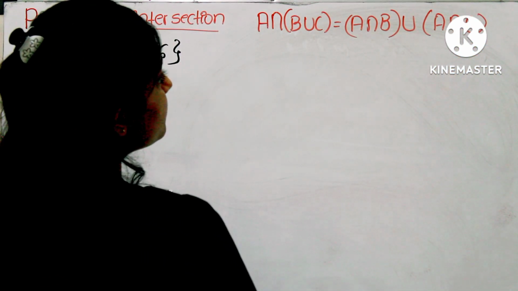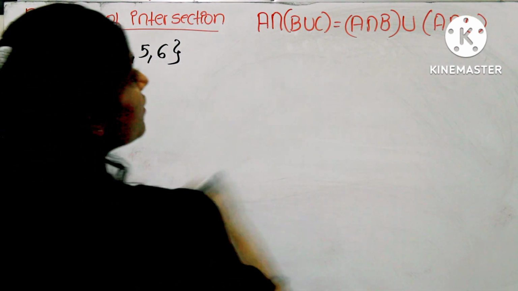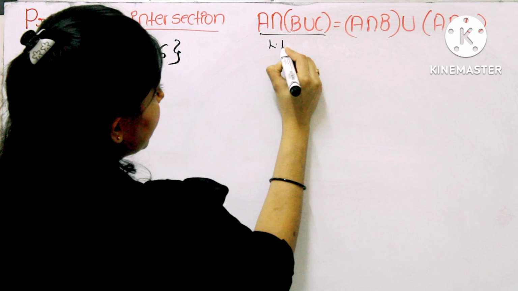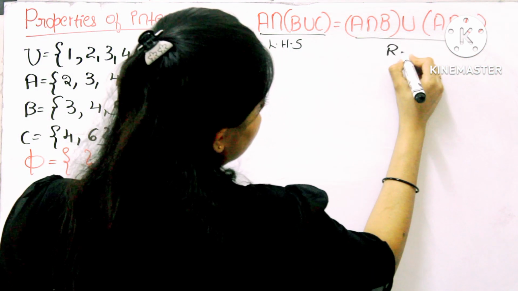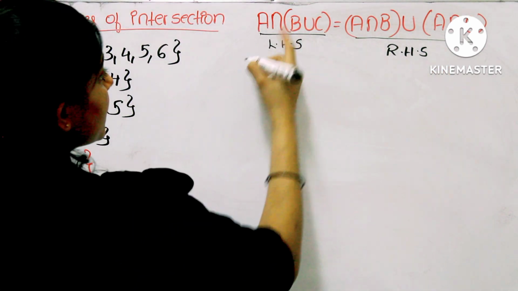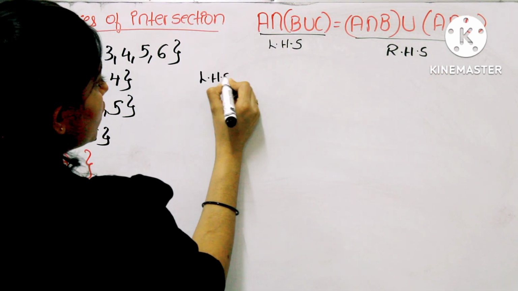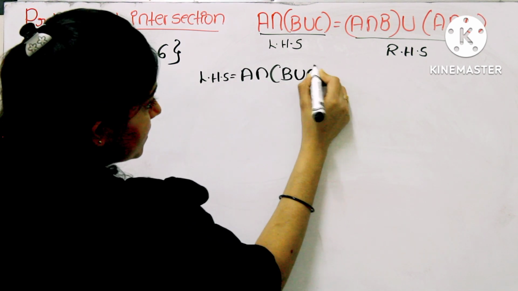So now here first let's see the value of LHS. This is the LHS, because it is the left side, and this is the RHS, on the right hand side. So the LHS is equal to A intersection (B union C).